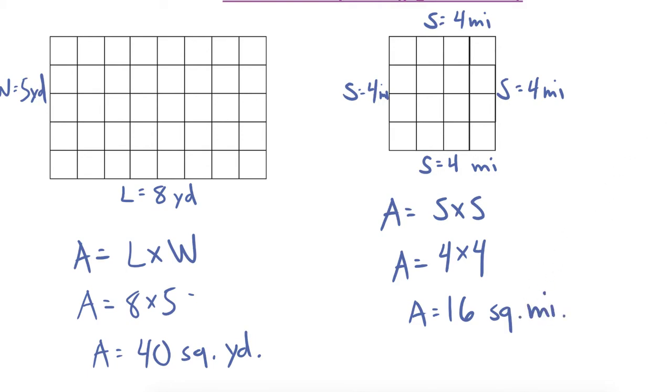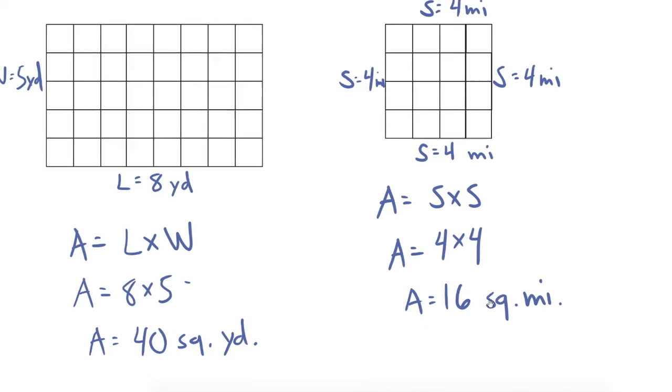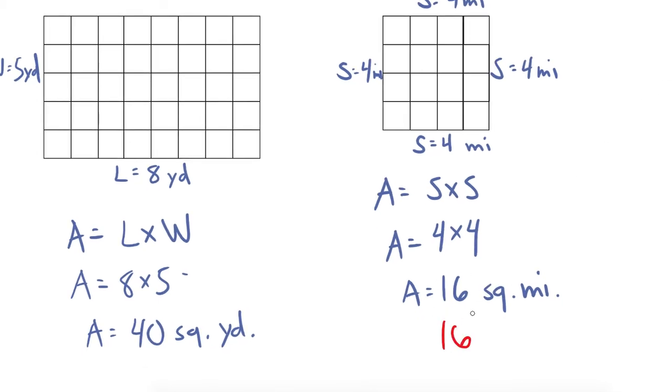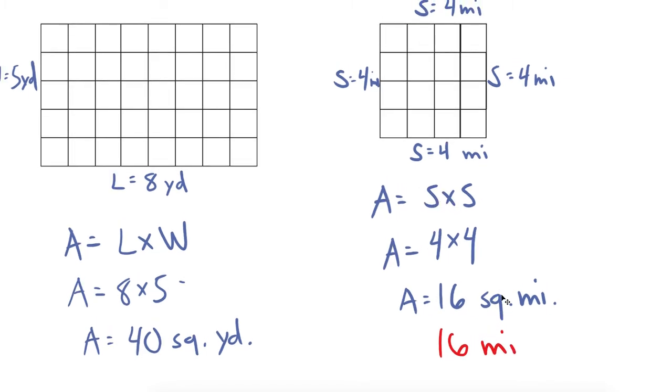All right, so really important that you don't just write 16, or don't write just 16 miles, because that's not correct. 16 square miles means it will take me 16 squares that are 1 mile by 1 mile to fill this area that's 4 miles by 4 miles.